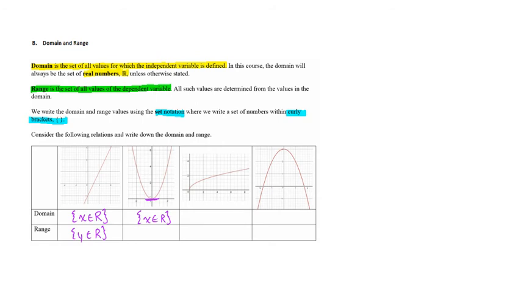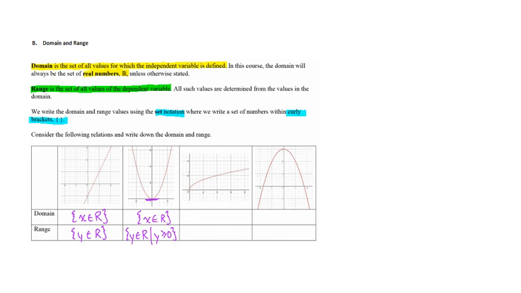However, when we consider the range, the y values exist only until y equals 0, and then they turn around and start increasing again. So we will never see on this graph a y value less than 0. So for the range, y is a real number, but y is greater than or equal to 0. So there's a restriction there that we have to be mindful of.